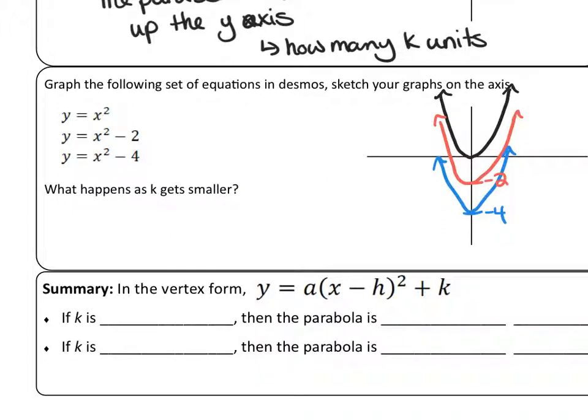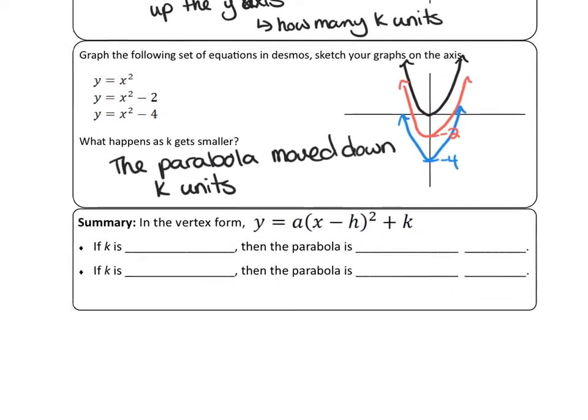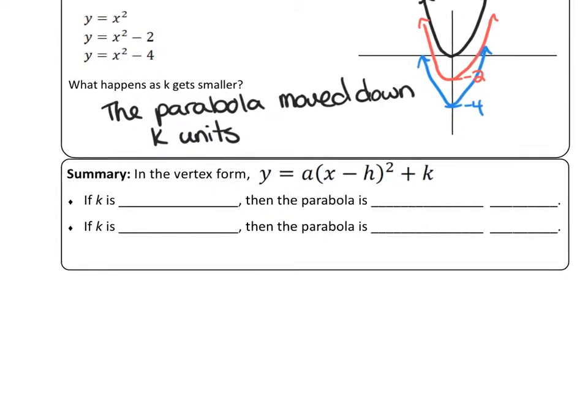So what happened as k became negative and got smaller, the parabola moved down. And it actually moves down k units.